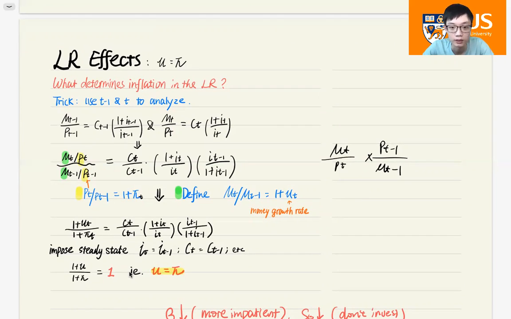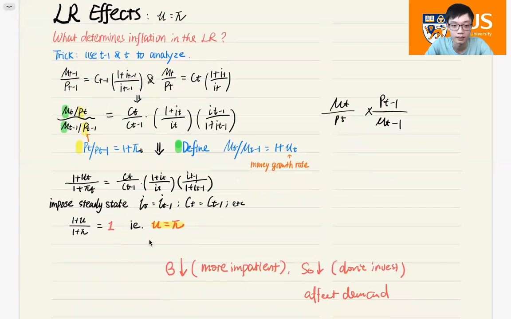Now, the good question is, what is mu? Mu is defined as the money growth rate. Pi is defined as the inflation rate. Yes? So in the end, you will have this. The money growth rate must be equal to the inflation rate.